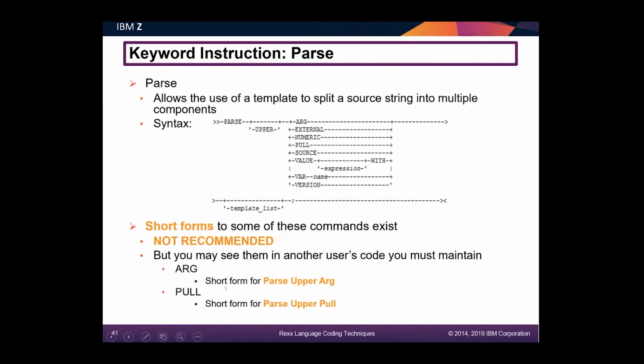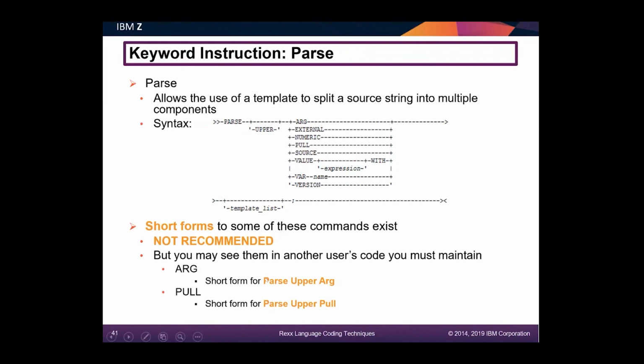Pull is going to do the same as parse upper pull, and pull takes things off of the console or off of the stack, which we'll talk about in part 2. So parse upper pull is the same as pull, parse upper arg is the same as arg. I caution you to never use just arg and pull because the next person reading your program may not realize that you're uppercasing things, and you are.